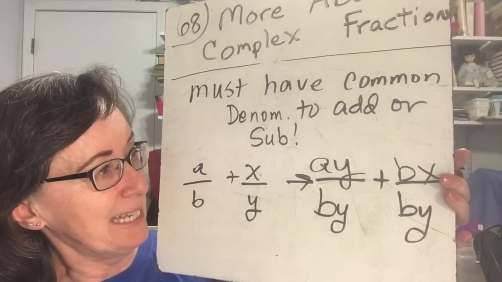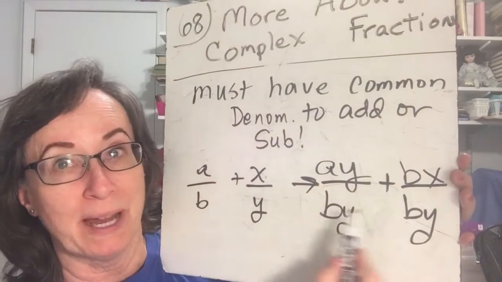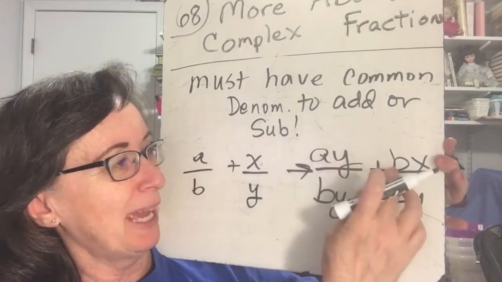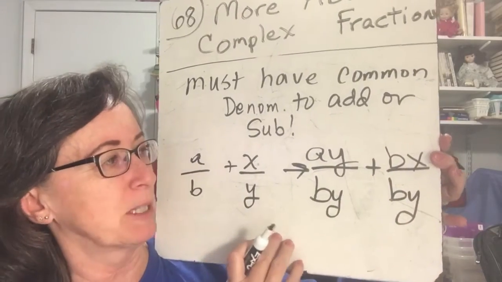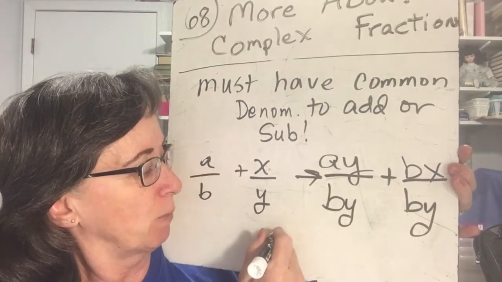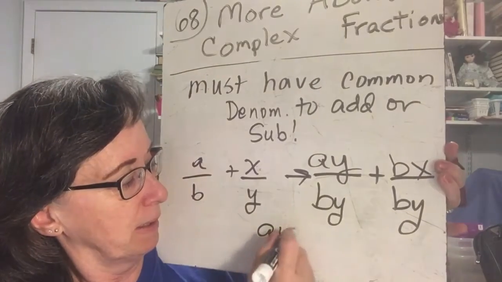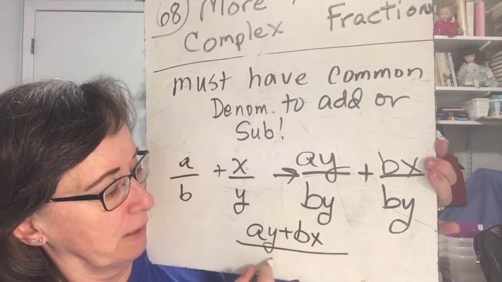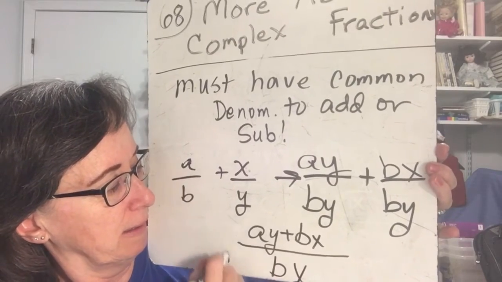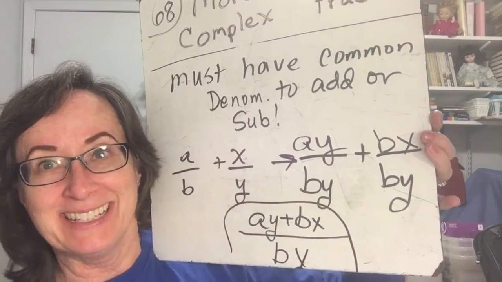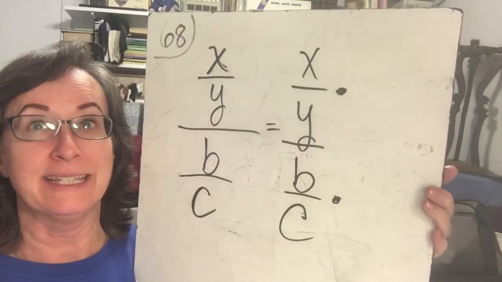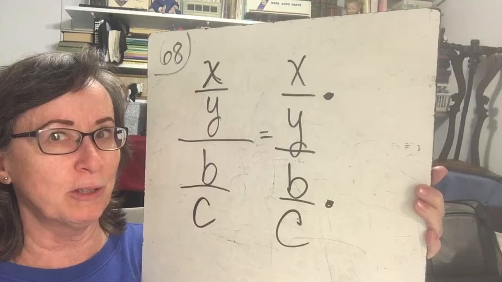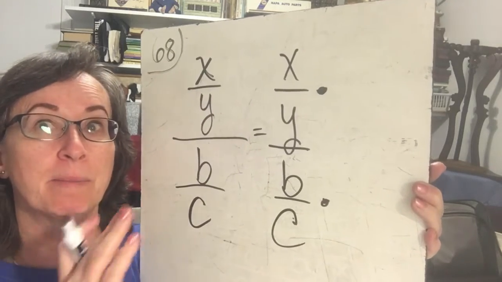Now the last step is to combine them over one denominator. So ay and bx have nothing in common, so we cannot put them together, but we're going to put them as a sum over by, and there's our answer.